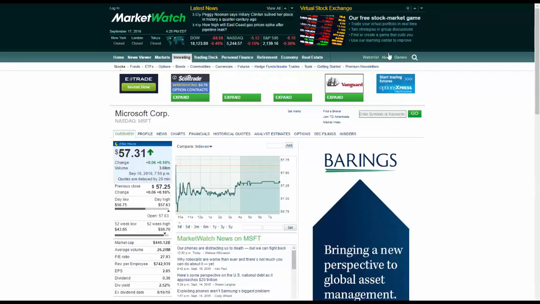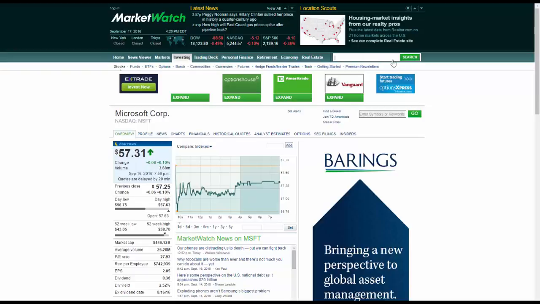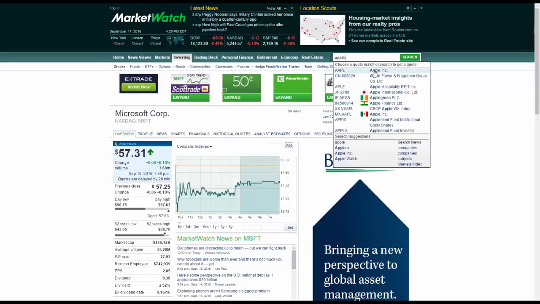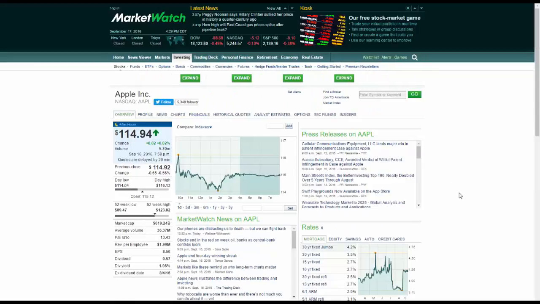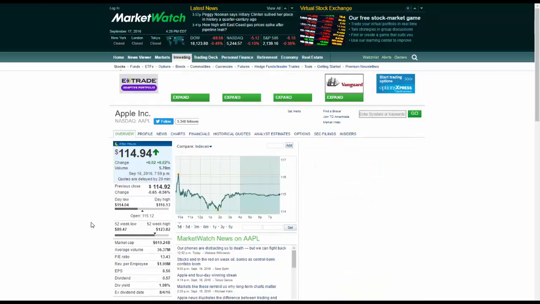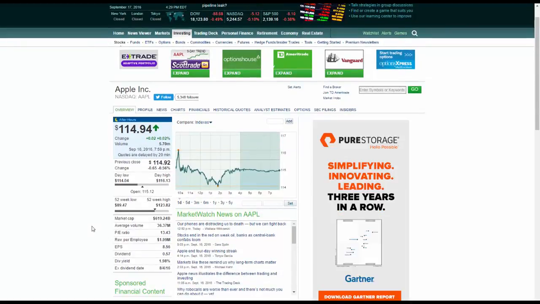So if I want to look up Apple, what I can do is I can go up here and I can go search Apple, select Apple, and it will give me Apple's information. So what we see here are just looking at the two variables we were looking at. One was the 52-week high and 52-week low, and the earnings per share.